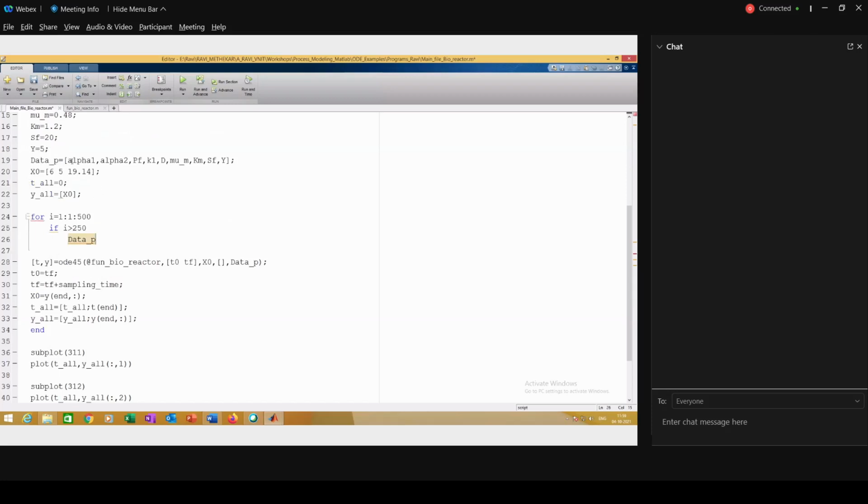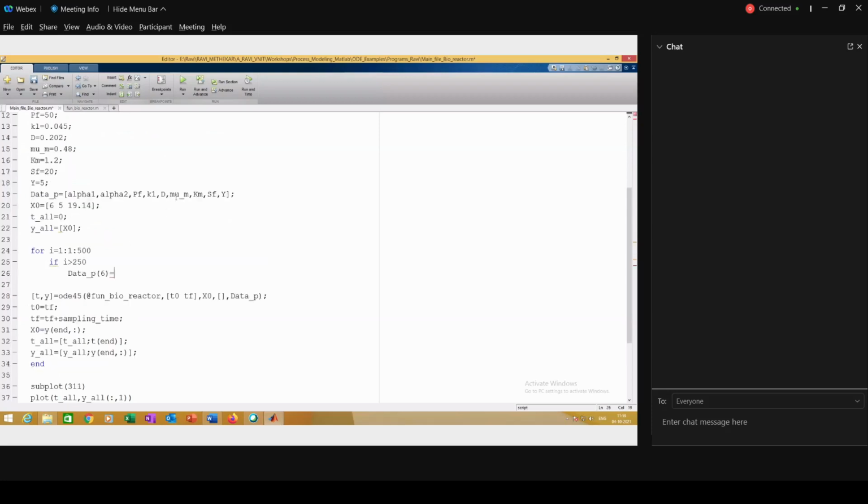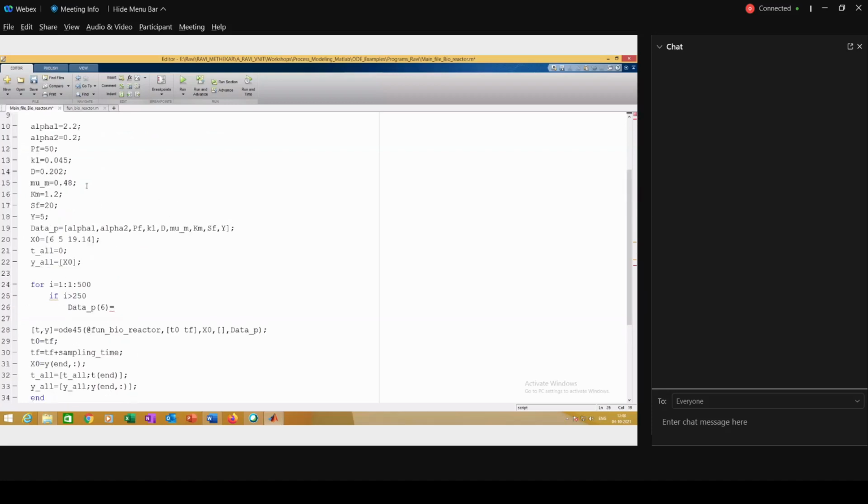Mu. 1, 2, 3, 4, 5, 6. data_p of 6 equal to what value I want. So if I know the mu value here is 0.48, right now I'm just hard coding it, multiplied by 1.2, I can give 20%.